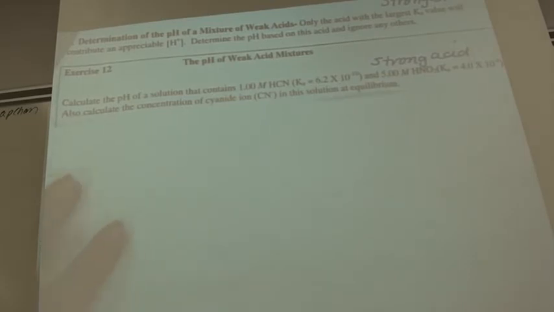Why? Because 4.0 times 10 to the negative 4th is a bigger number than 6.2 times 10 to the negative 10. So we're disregarding what HCN does for the moment, and all we are talking about is HNO2 dissociating into a hydrogen ion and the nitrite ion.